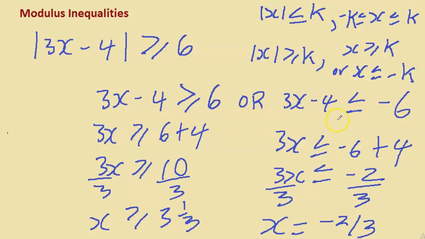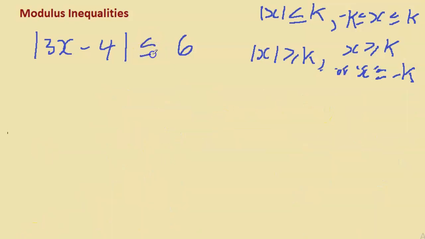I will solve each equation separately. Let's look at the case now where it's less than. So if this was the problem, then 3x minus 4 will be between the positive of the constant, which is 6, and negative 6.